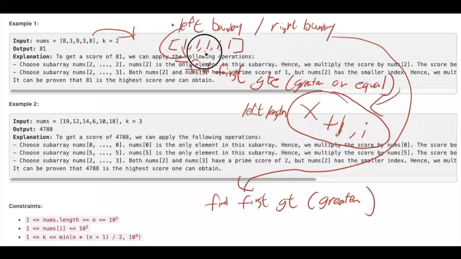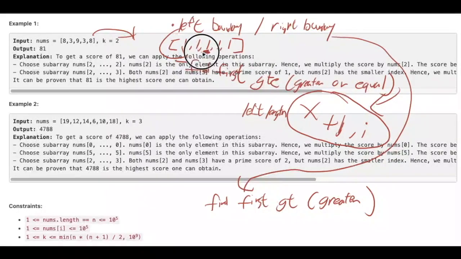For example, here 1 is equal, and we should keep going to the right because it is not our boundary. That's why we need to find the first GT, or we reach n, where n is the length of the array.